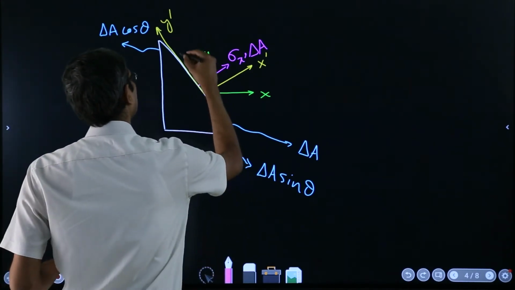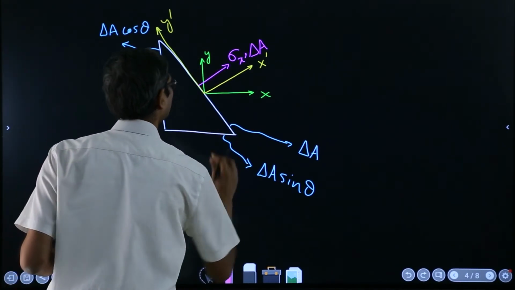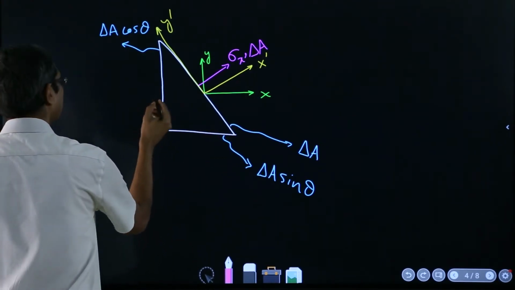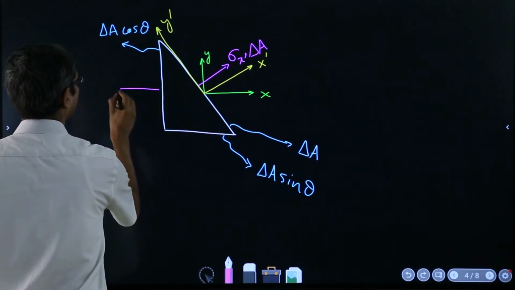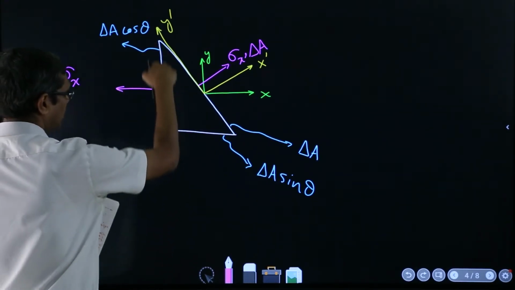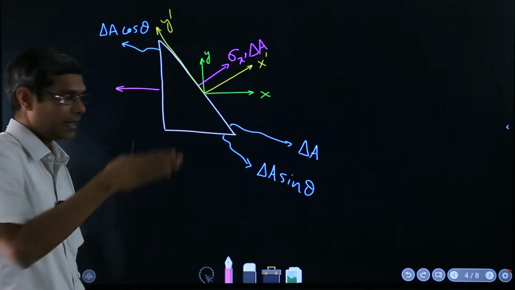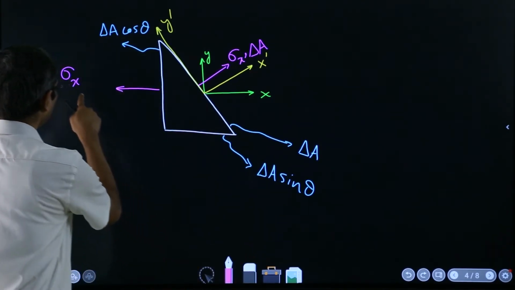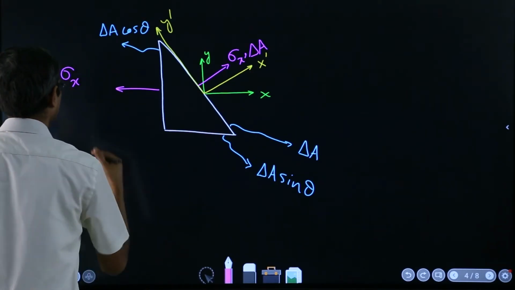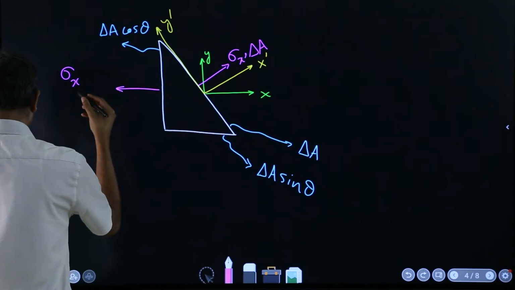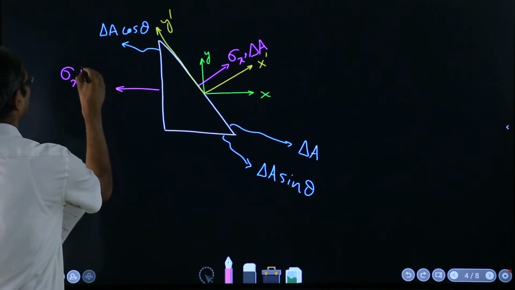Okay, and this side, let me first write all the normal stresses. On this side, it will be sigma x, because this plane is perpendicular to x, the original x. So the normal stress here will be sigma x times delta A cosine of theta.